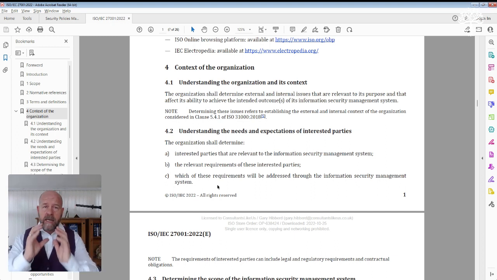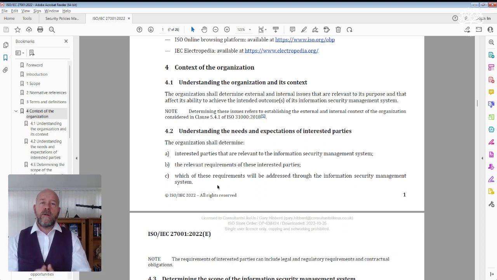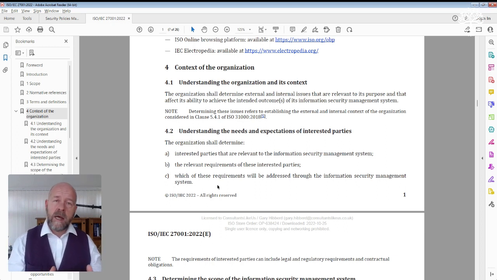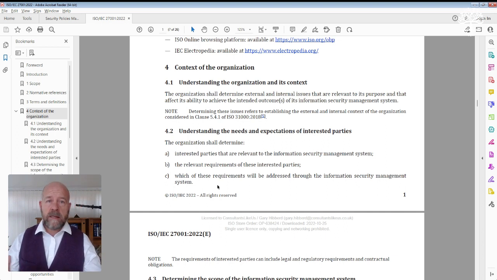So here's a task. Here's an action for you. The first thing you need to do is go out and speak to various people in your organization to gather some of this information in. So do you have an org chart, an organizational structure? That will tell you which functions are in your business and who heads them up.